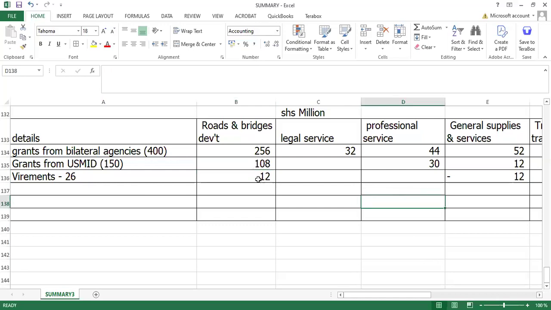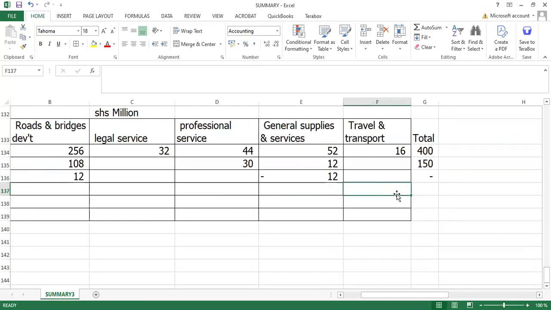I can do it from here, because it is still environment. So you can create another. Where is it coming from? From travel and transport. How much? 8. Then this is going to its expense item, professional fees. So here I put 8.